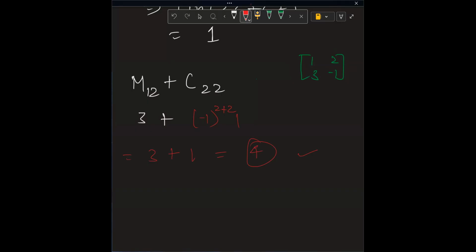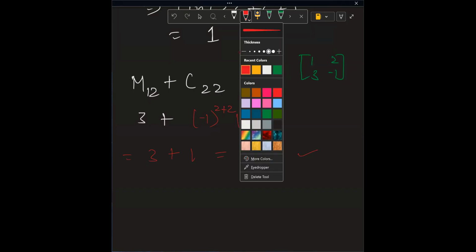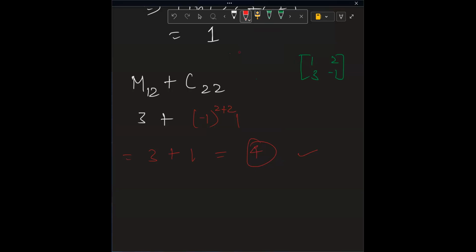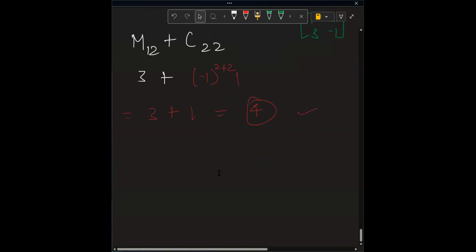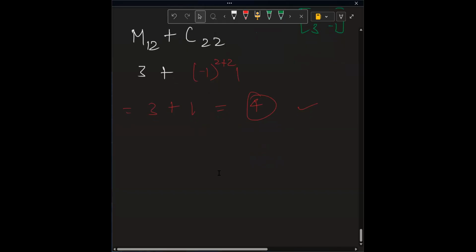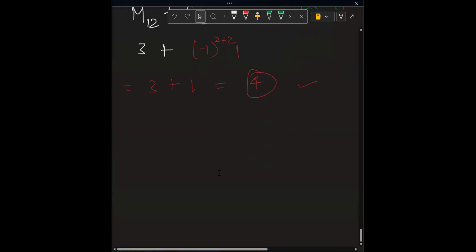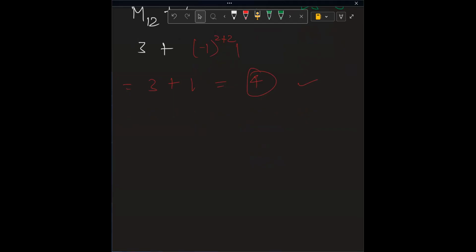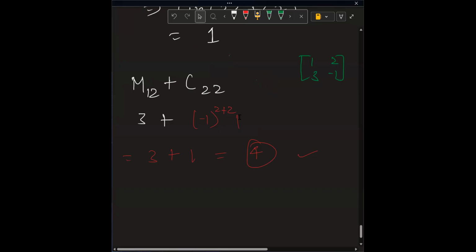Who did minus 4? Sir, Hadia. Okay, and Taiba, what's your answer? 4. Hadia, did you understand? Okay, so C was the representation of cofactor, right?